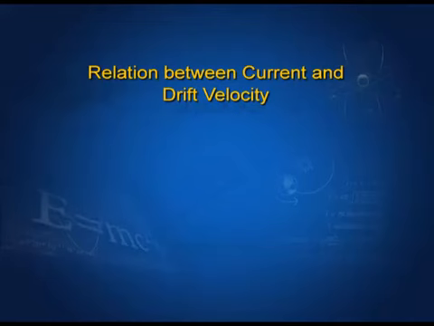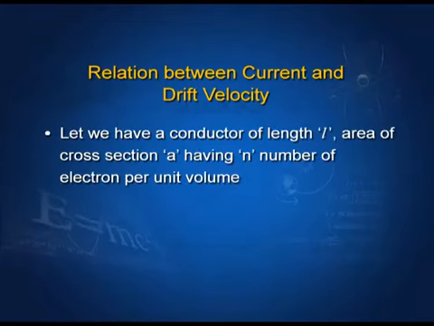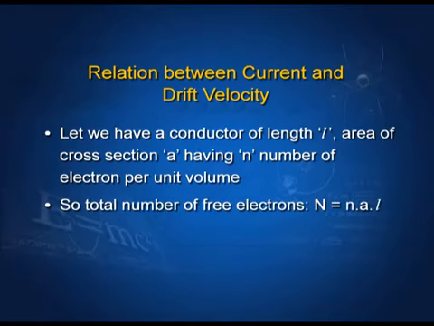Relation between current and drift velocity. Let we have a conductor of length L, area of cross section A, having n free electrons per unit volume. So the total number of free electrons, capital N, will be equal to nAL. So the total free charge Q equals N into e.